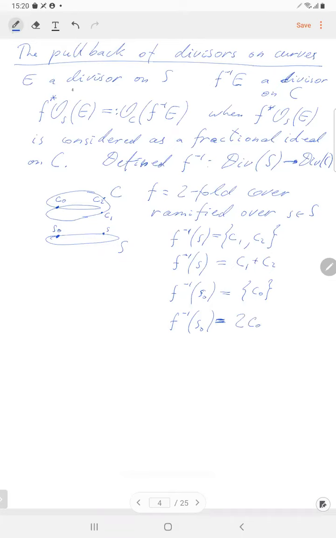So this was set theoretically, and this was divisor theoretically.